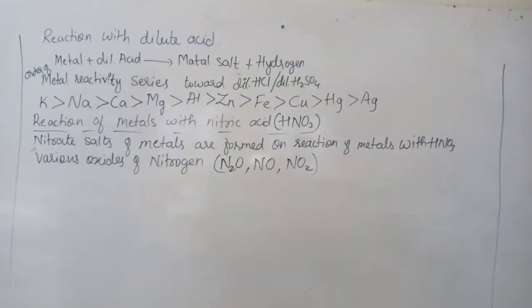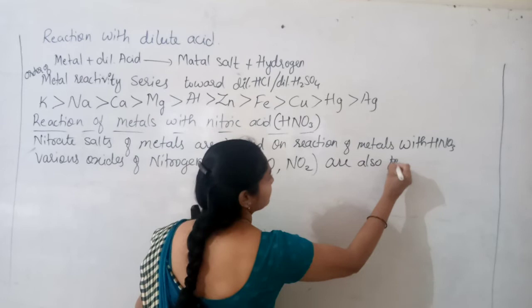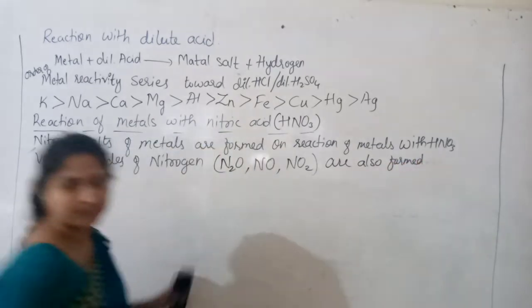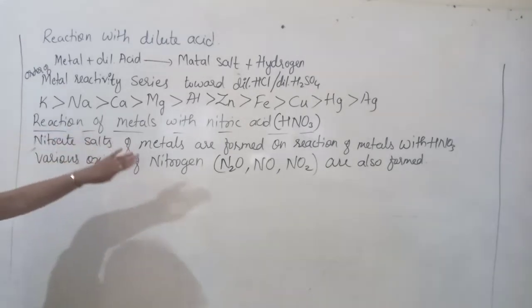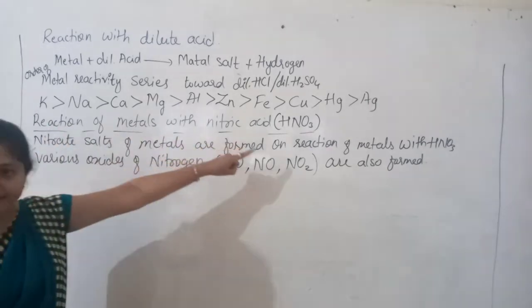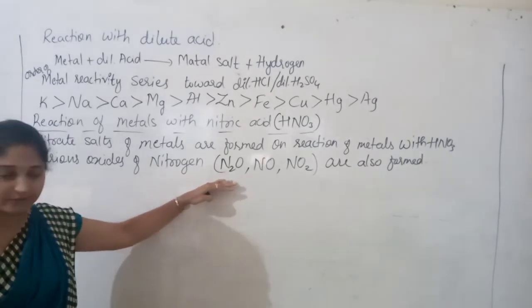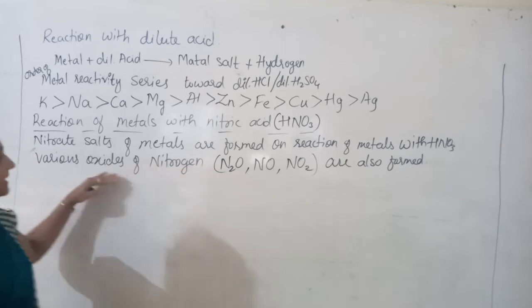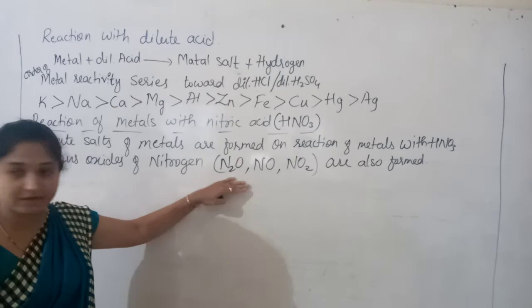Okay, various oxides of nitrogen are also formed. So here, in the reaction of metals with nitric acid, when these metals react with nitric acid, the metal nitrate salts are going to form. Along with that, various oxides of nitrogen are also forming. So what are those various oxides of nitrogen?